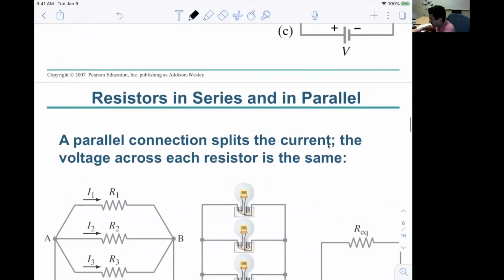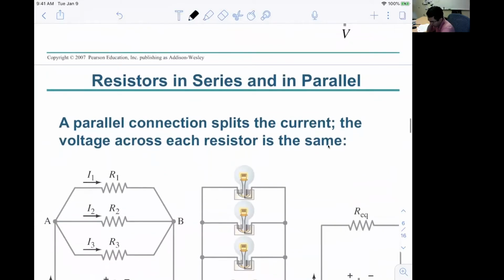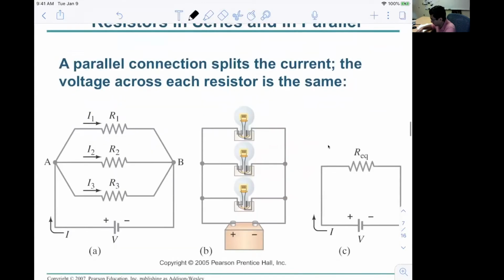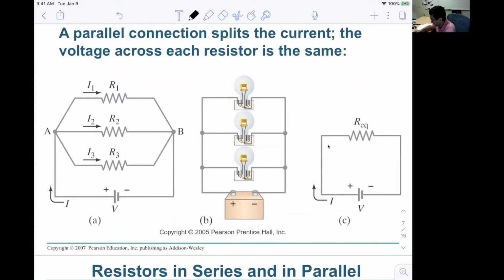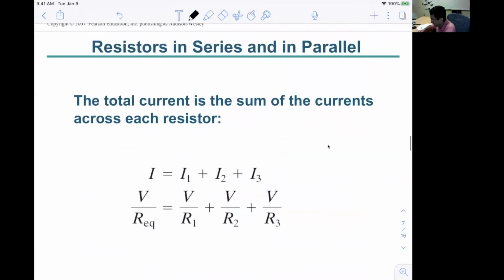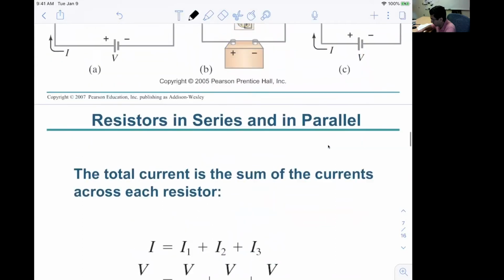Okay, what happens when you have them in parallel? You will split the current into I1, I2, and I3. As I said, you will have the same potential across the circuit. So you try to represent it in terms of equivalent resistance. In this case, total I will be I1 plus I2 plus I3, right?